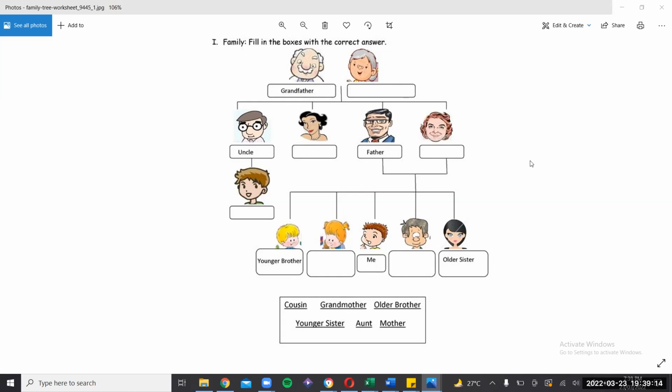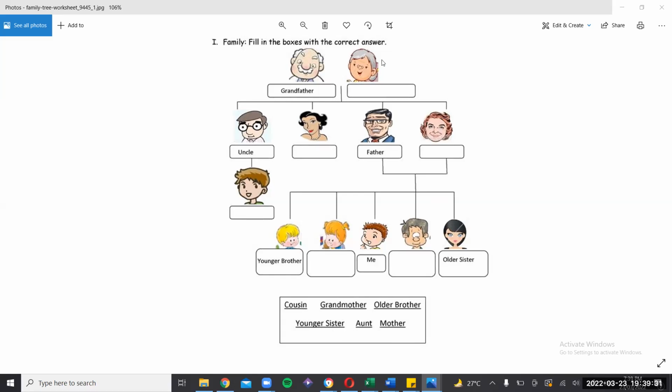Yes, there are family trees with cousins, and this is one that actually does have a cousin. So we have some family terms in this box, right? We have cousin, grandmother, older brother, younger sister, aunt, and mother.